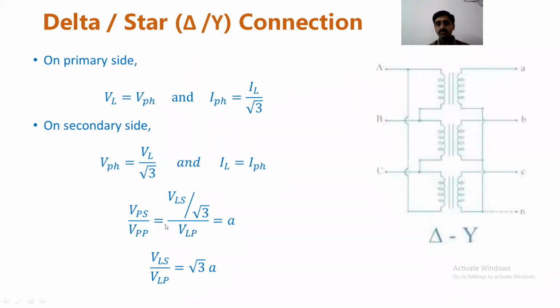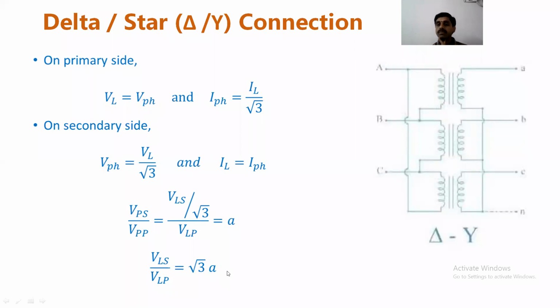Therefore, the ratio of the secondary line voltage to the primary line voltage, VLS by VLP, equals root 3 times a, whereas in the previous case it was a by root 3.